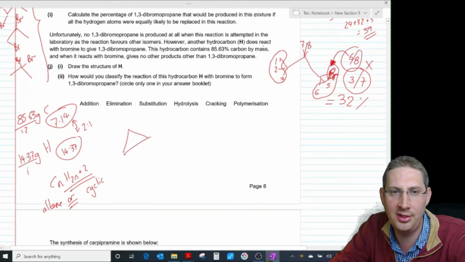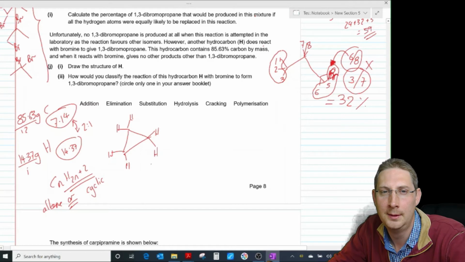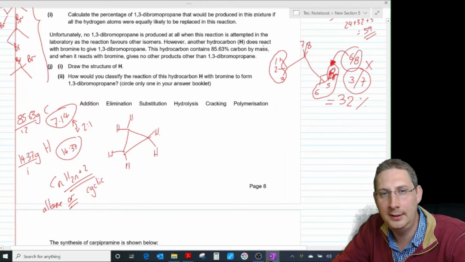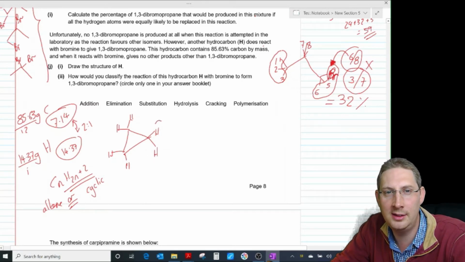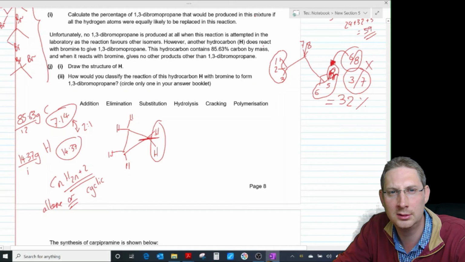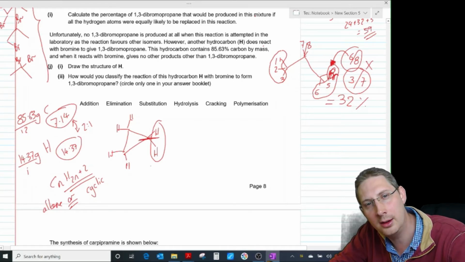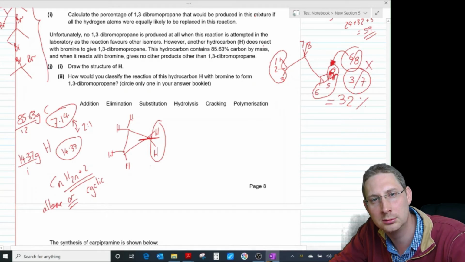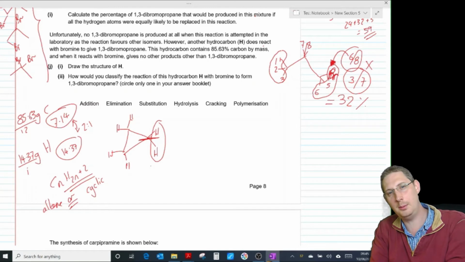What if we had this, okay? Cyclopropane. And then the bromine substituted in these two positions. No, it didn't. It added there. Could that work? Could that split it up?